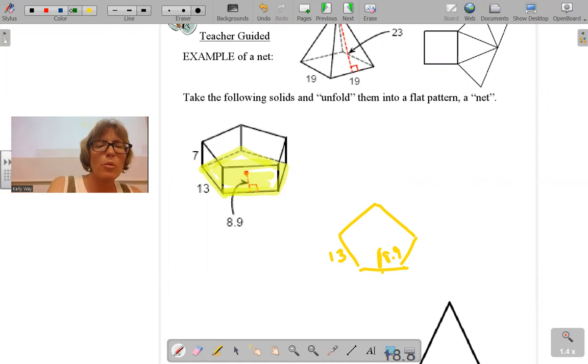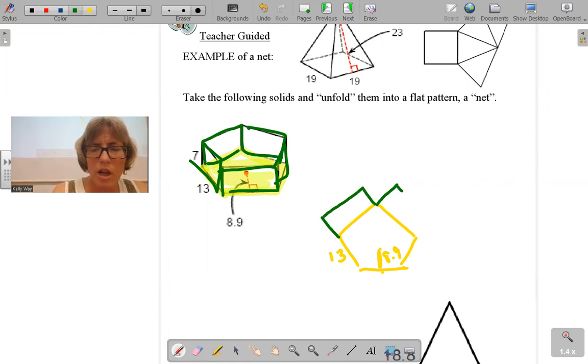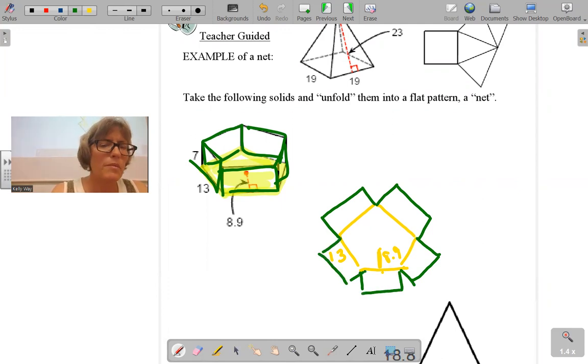And now I'm going to come around and you can see that we have 1, 2, 3, 4, 5 rectangles, if you were to unfold them. And those rectangles would be 13 and that would be 7.